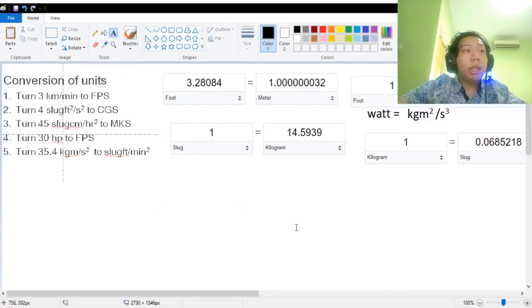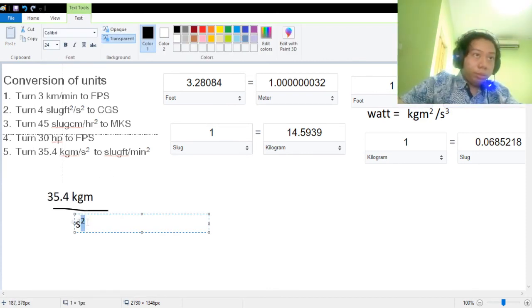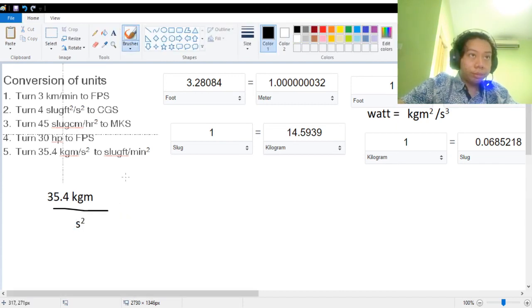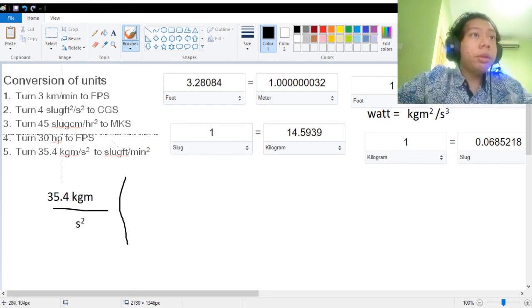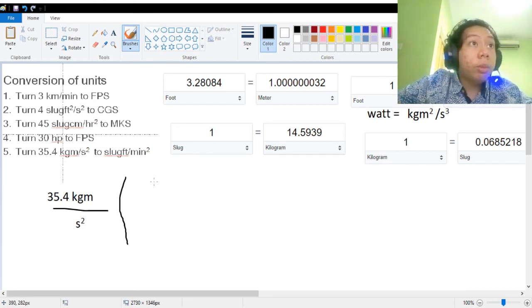Okay, so for the last question here, convert 35.4 kilogram meter per second squared to slug feet per minute squared. First thing to do is to convert kilogram to slug.